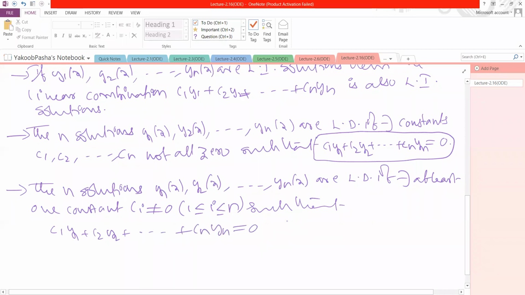In this case, we say that the solutions are linearly dependent solutions.